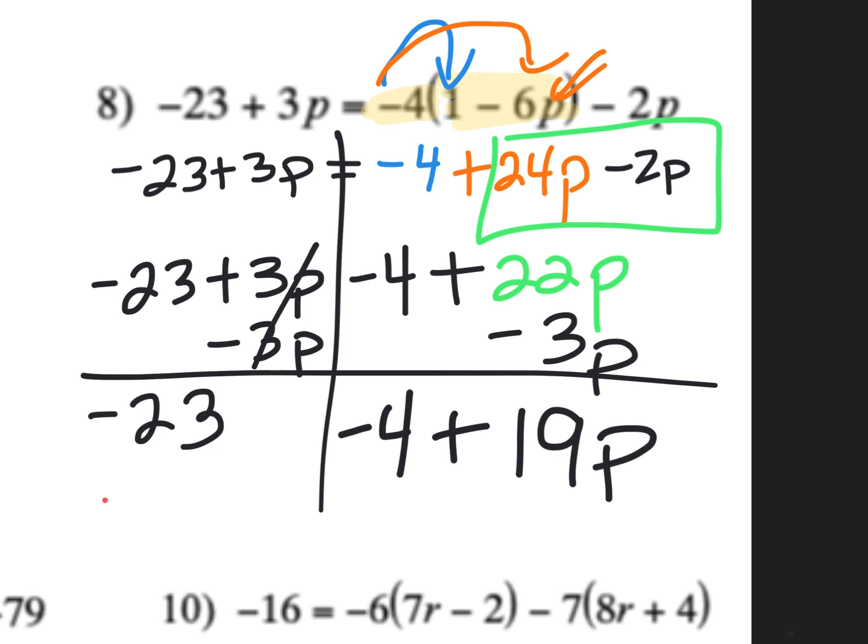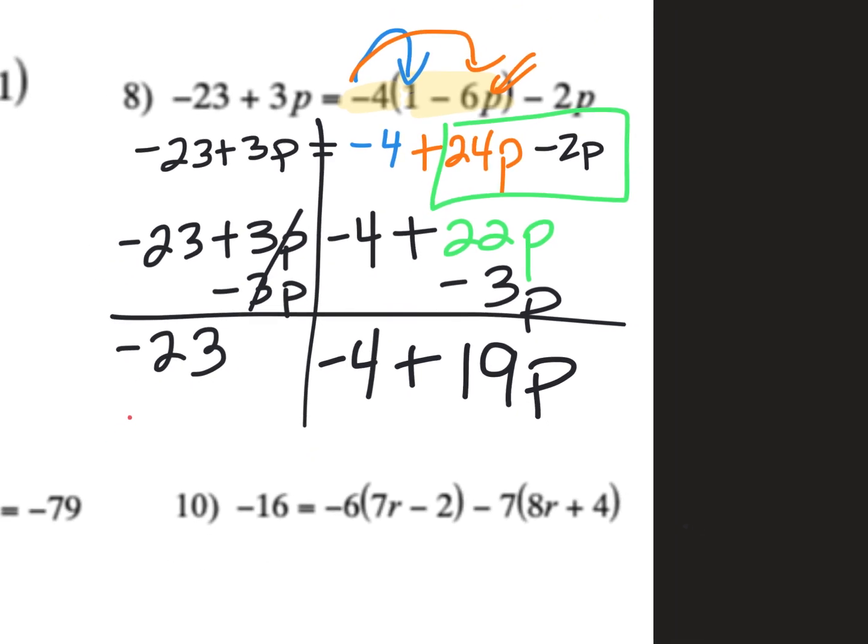Sorry about that, y'all. Now we're just down to a 2-step equation that you've been solving for weeks. We've got to get the variable by itself. What is sitting over here with the variable that needs to disappear? Negative 4. That's what I would get rid of first as well. How do I get rid of a negative 4? I do a plus 4.